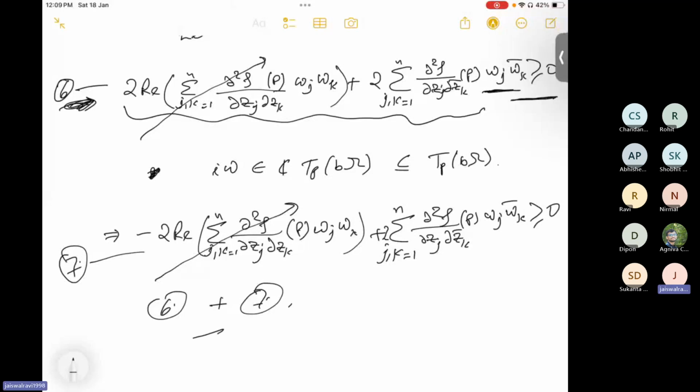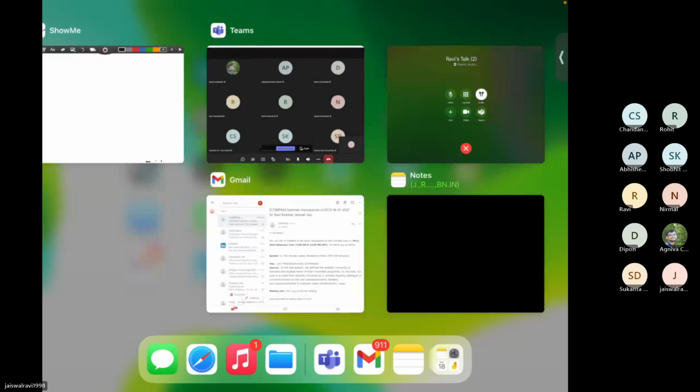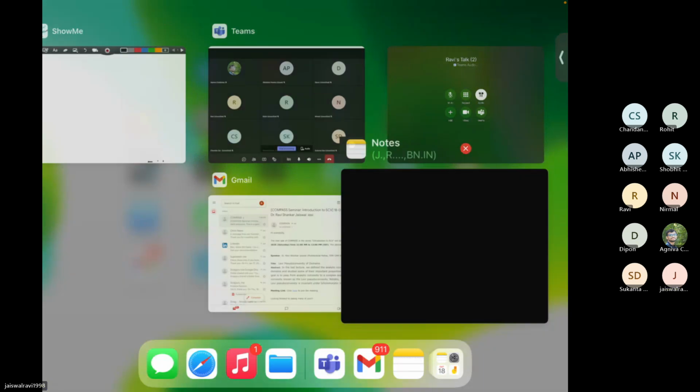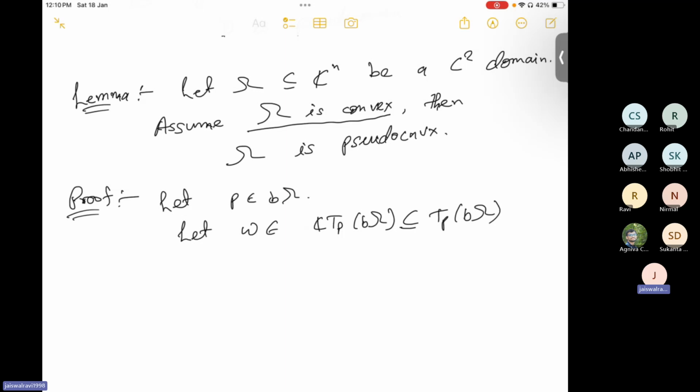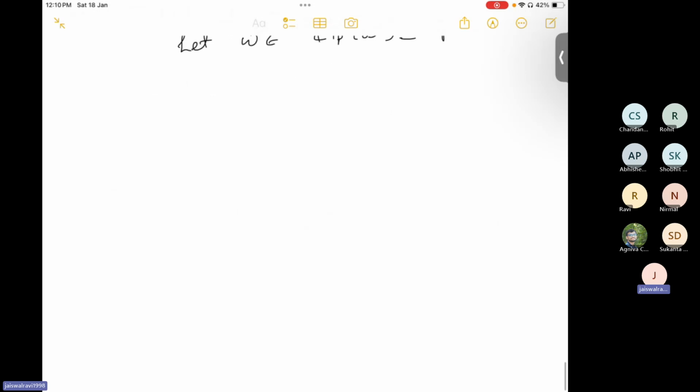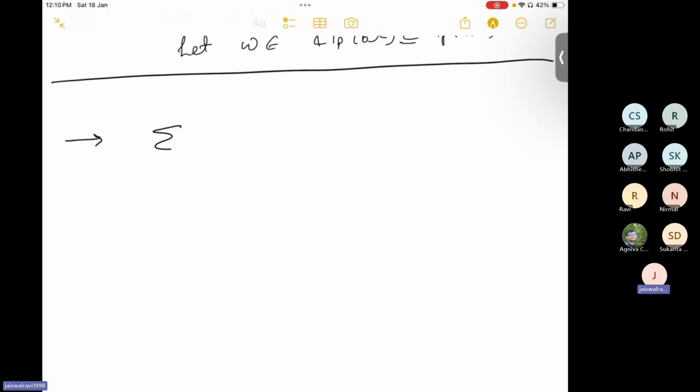Okay, let me write again here. So if omega is convex, we get that the sum of del square rho over del zj del zk bar at P, wj wk bar, is positive for all w in the complex tangent space.